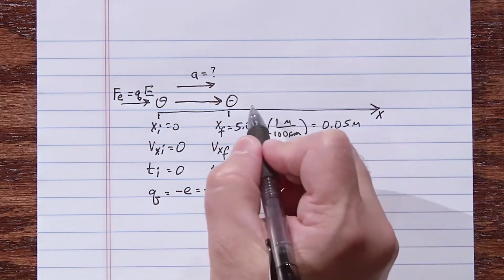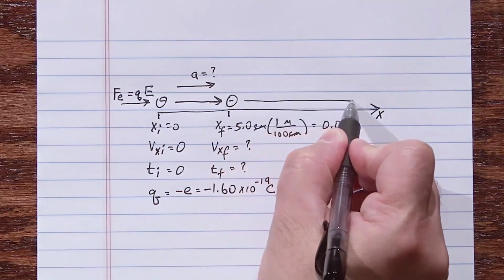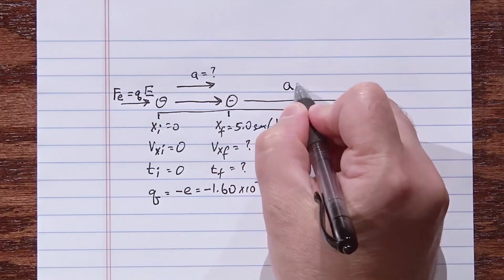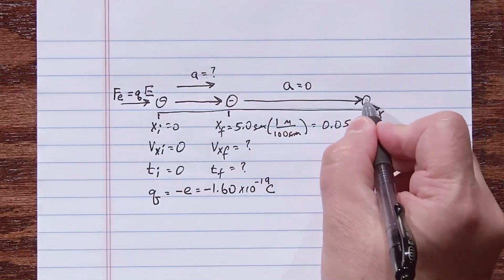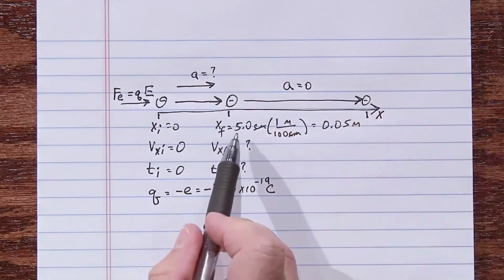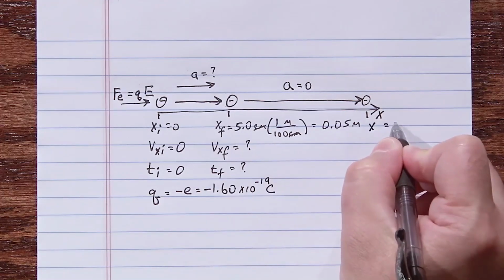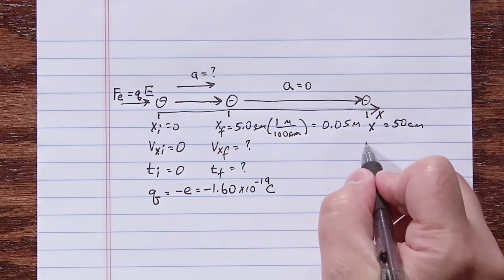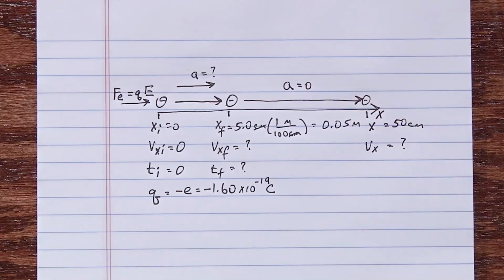We're told that after the electron reaches the 5 centimeter mark, it travels on at constant speed, which means that our acceleration is equal to 0 over here. And so it hits the screen 45 centimeters past this, so that would be x is equal to 50 centimeters, and Vx, we don't know.